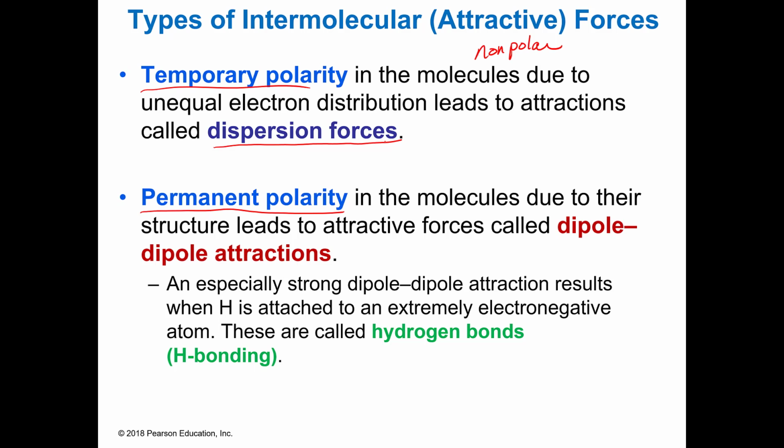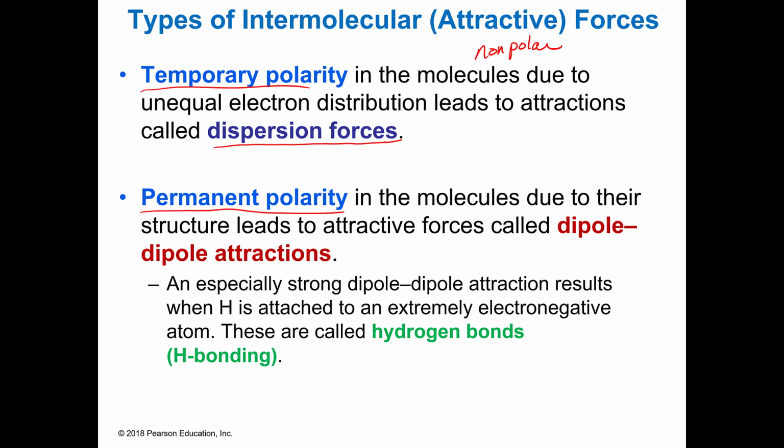Even if they're not polar, they're still located in different places, and reacting to the forces outside the molecule can cause those electrons to realign temporarily and form these dispersion forces. So everything can have dispersion forces, but this is typically what you see in nonpolars primarily.